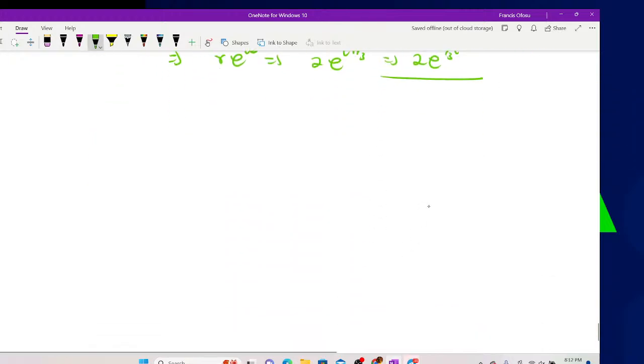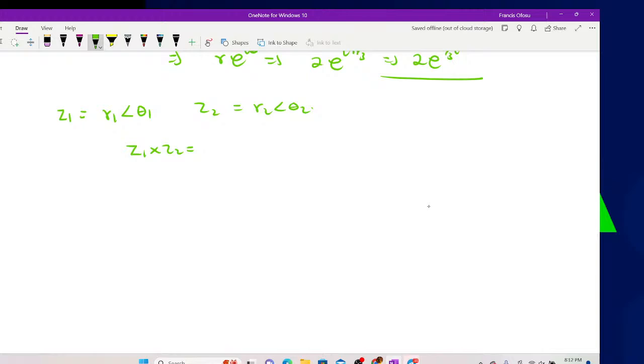So if you have two complex numbers which are in the polar form, let's say z1 equals r1 angle theta 1, z2 equals r2 angle theta 2. If you want to multiply these two as z1 times z2, we simply get r1 r2 angle theta 1 plus theta 2.